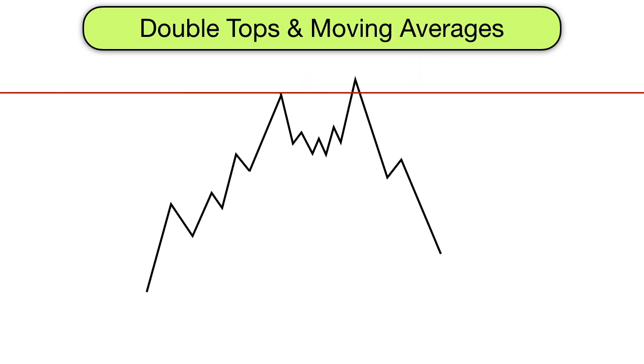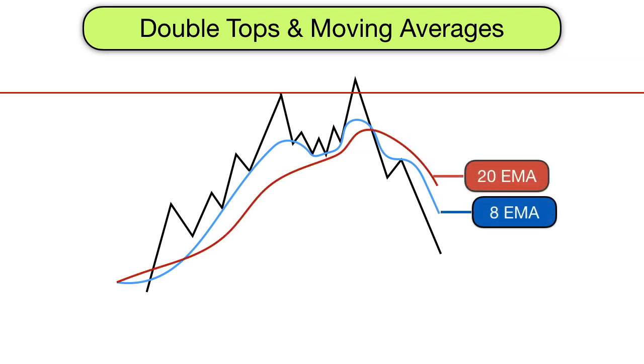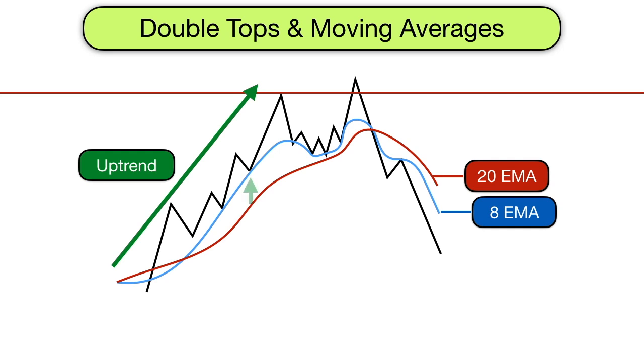So one final thing to look out for at double tops and bottoms is where price is in relation to the exponential moving averages. I use the 8 and 20 EMAs on my chart, but any similar EMAs would work, one quicker and one slower. As price travels upwards and downwards, it's accompanied by these EMAs, and in double tops, the EMAs will be below the price bars.